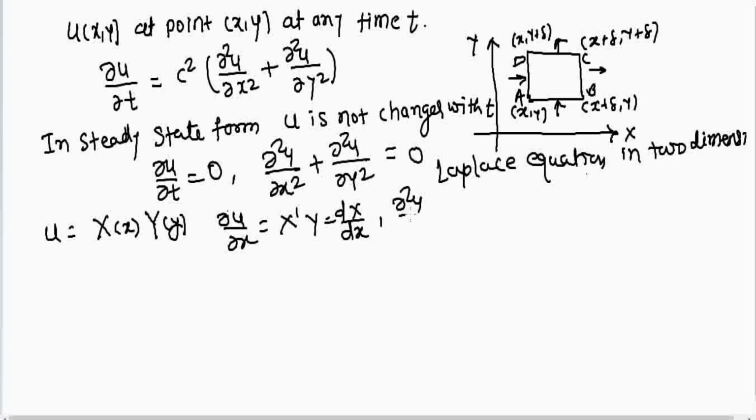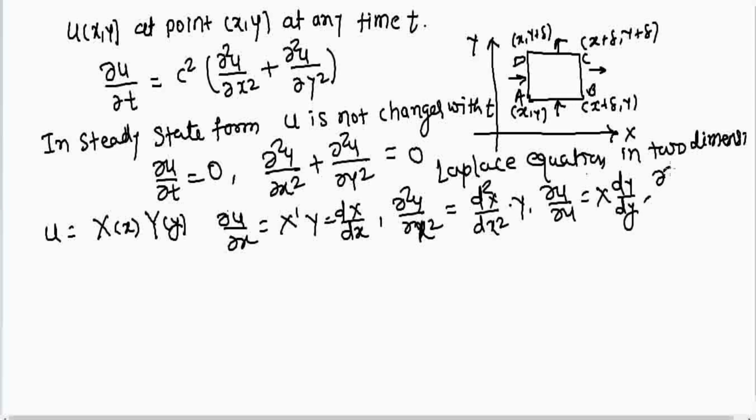Del 2u by del x square equal to d2X by dx square into Y. Del u by del y equal to capital X into dY by dy, and del 2u by del y square equal to X into d2Y by dy square.